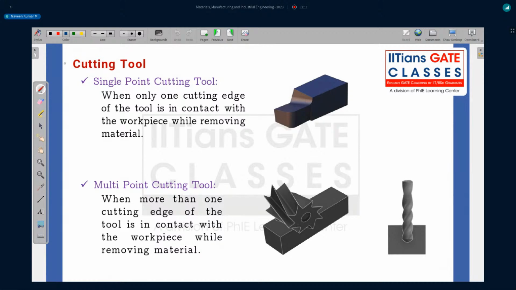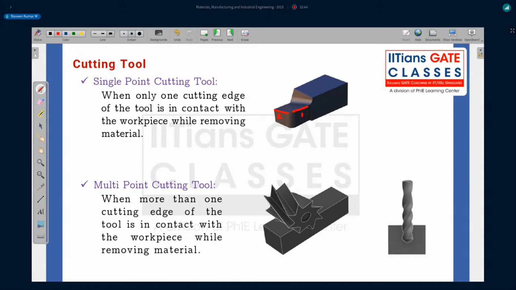If you see here, this is one cutting edge and this is another cutting edge. Right? Those highlighted parts are cutting edges. Any one of them should be in contact. So I can say this is 1 and 2. The first one is the main principal cutting edge, and that is what will be in contact with the workpiece.